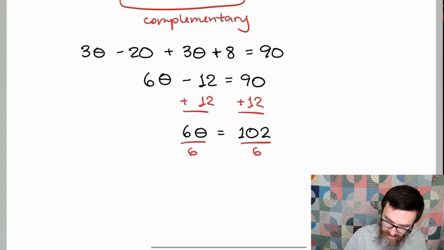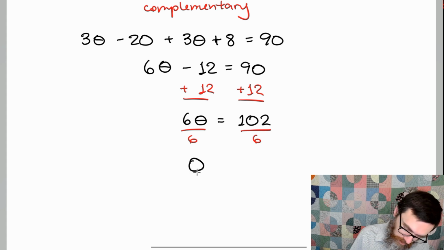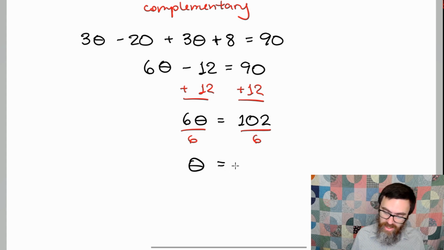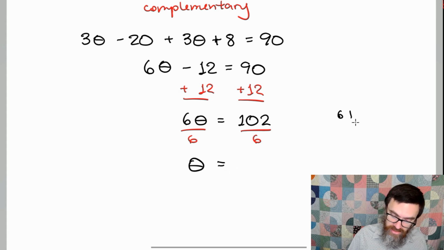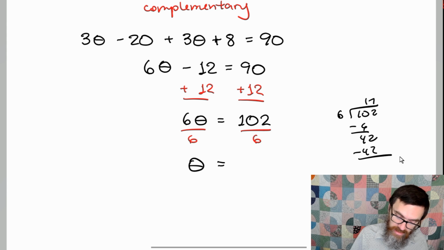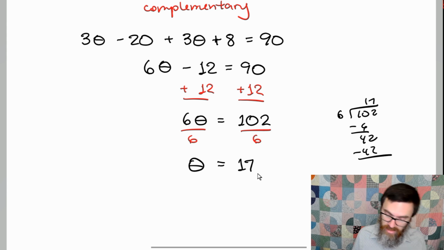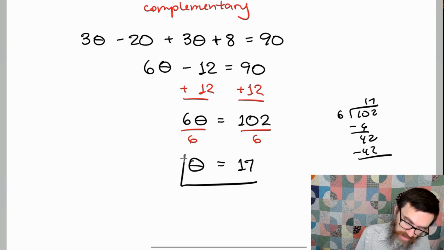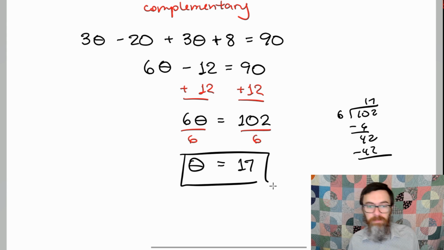Divide both sides by 6. And theta is equal to, let's see, 6 goes into 102, goes in once, 42, so 17 times. There we go. So theta is equal to 17.